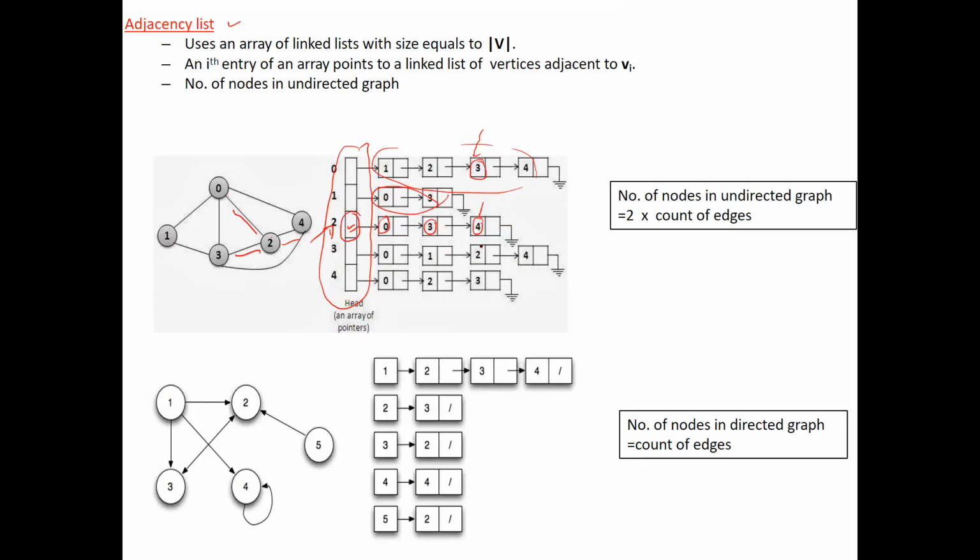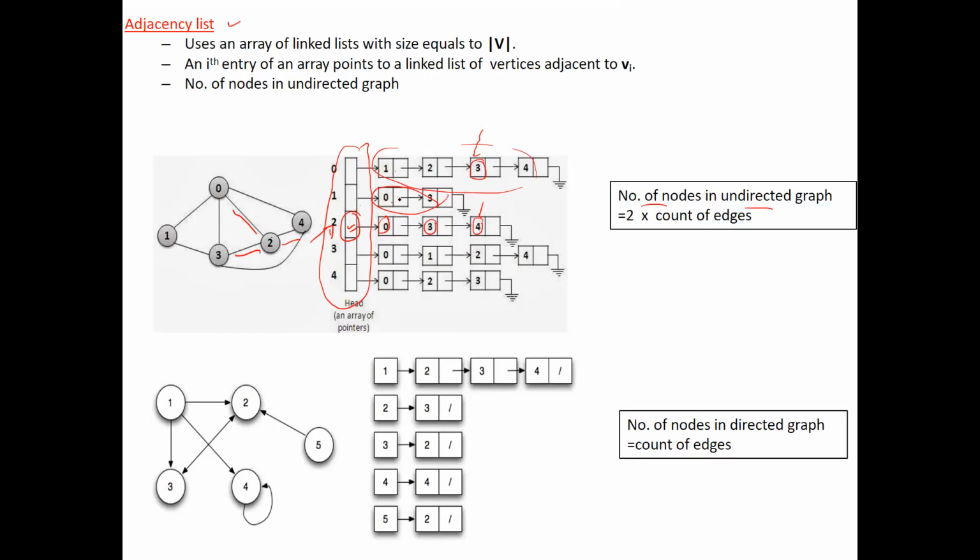The number of nodes in the adjacency list of an undirected graph is equal to 2 times the count of edges. The reason being, if you go for this example, there will be a double entry for 0, 1 as well as 1, 0.